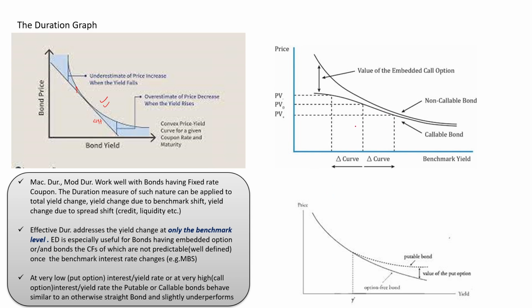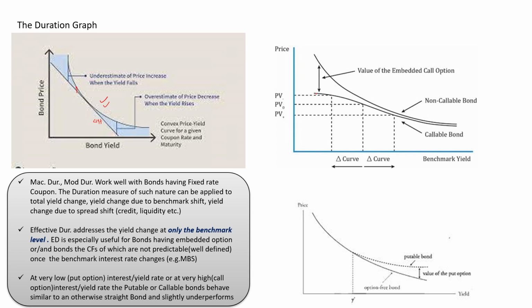Whenever the market interest rate comes down, the propensity of the call option coming into the money, that is, the issuer actually calling the security and making an accelerated early redemption, becomes that much a reality. So the market obviously is not going to value a bond embedded with a call option in the same fashion as an otherwise identical fixed rate bond that does not have the embedded call option.